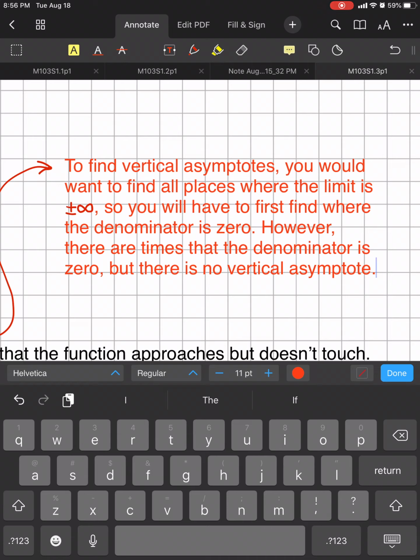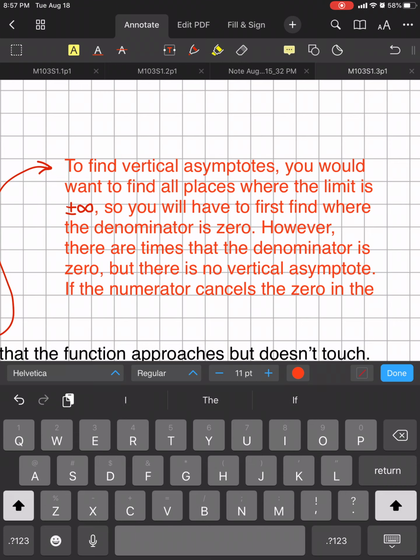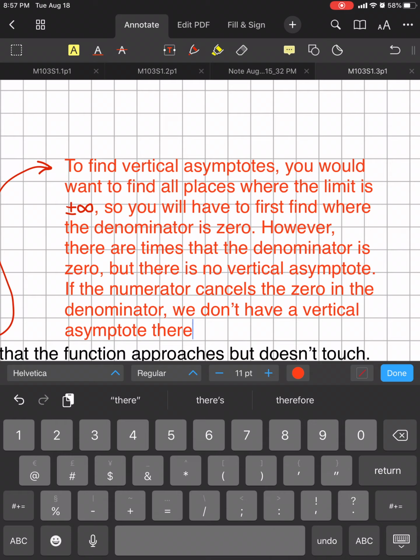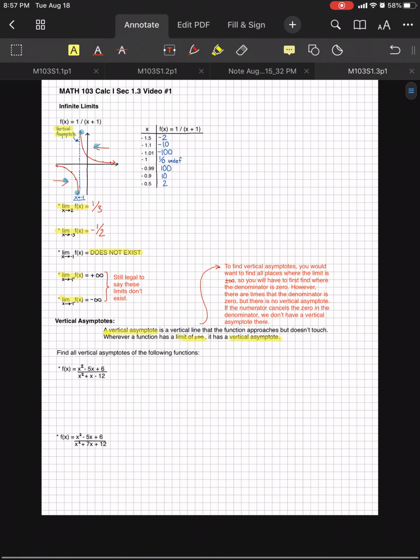So what we have to do there is, if the numerator cancels the 0 in the denominator, we don't have a vertical asymptote at that place. There we go.